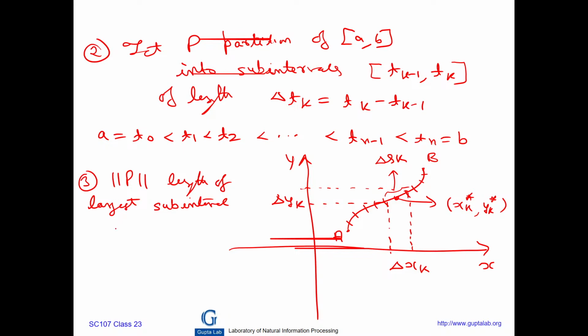So if we choose a point xk star, yk star on each sub arc of C. So C has many sub arcs, right?